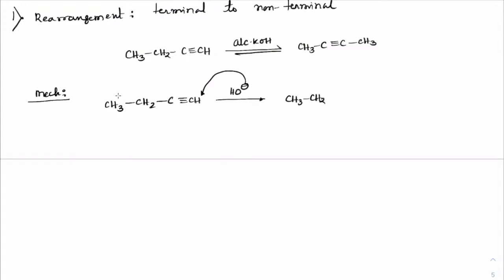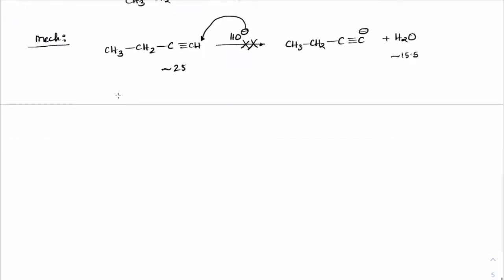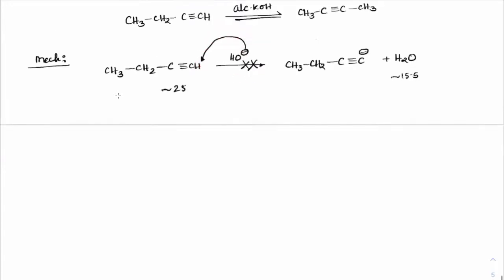CH3, CH2, C triple bond, C minus plus H2O. You know that the pKa value for this is around 25, while the pKa value here is around 15.5. So do you think this reaction will go in the forward direction? Not so much. So this reaction won't go. Make sure that you cannot remove this proton in the presence of alcoholic KOH.